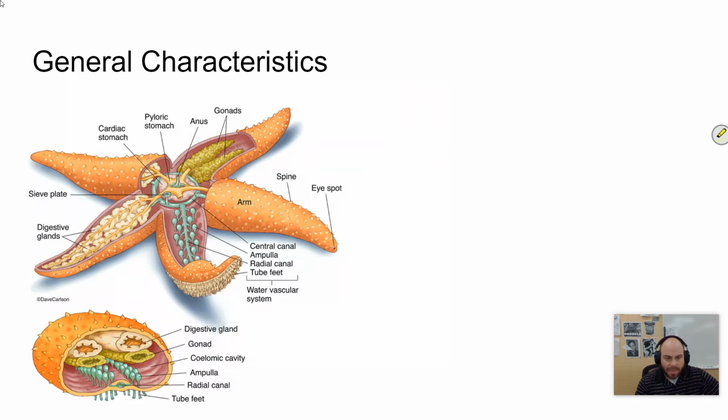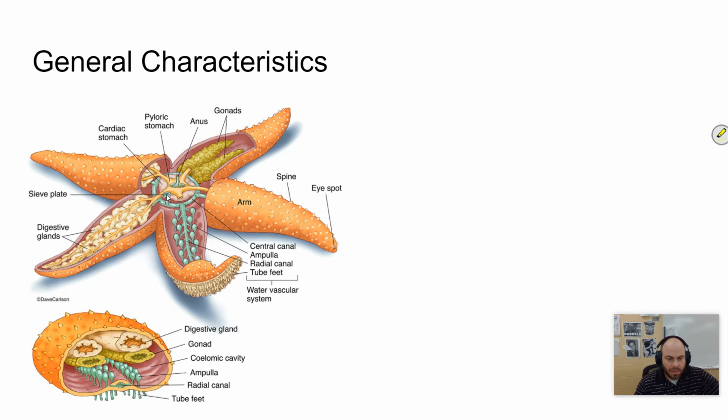They're all triploblastic. They have an extensive coelom, so a very well formed body cavity. You can see here from this picture, the body cavity is pretty plain to see. They also have a full digestive tract.